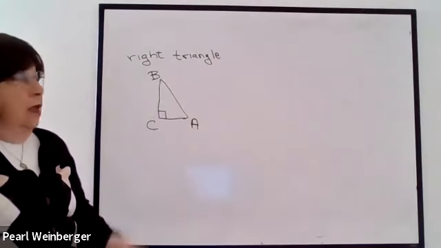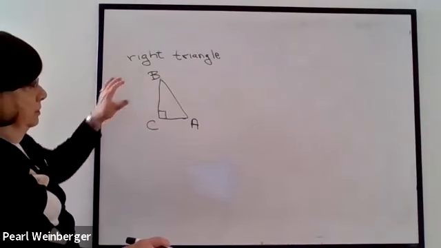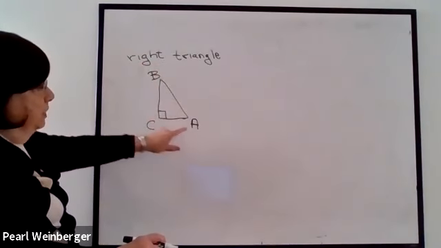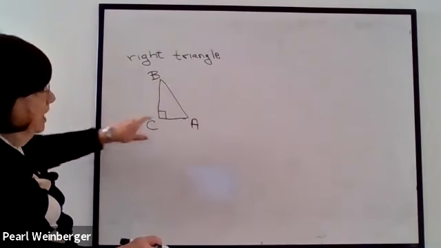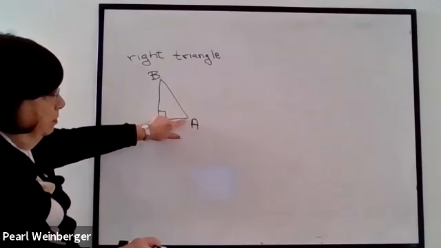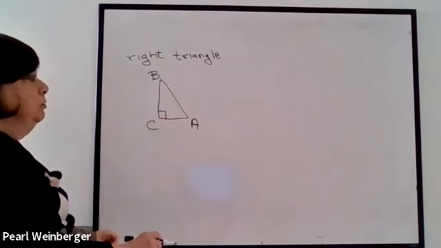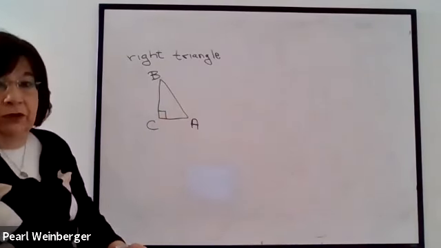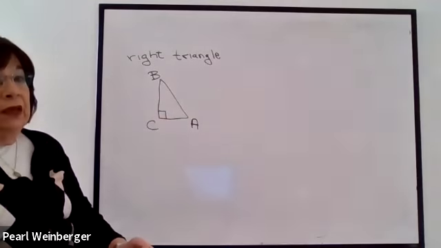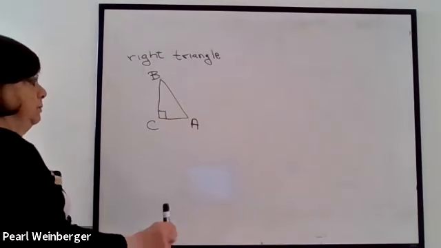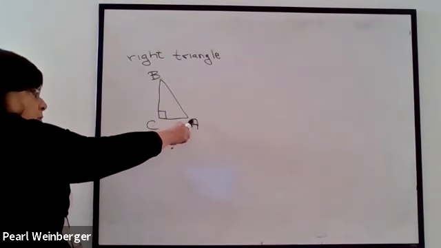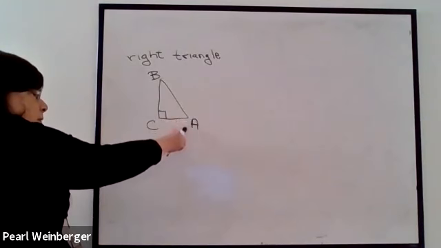And what we said about this is, number one, we use capital letters for what we call the vertices, the corners, the angles of the triangle. And we use lowercase letters, small letters, for the sides of the triangle in a very specific way. I look at this angle A, it's right over here.